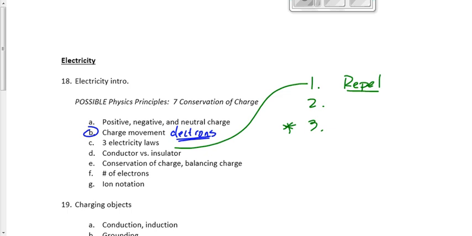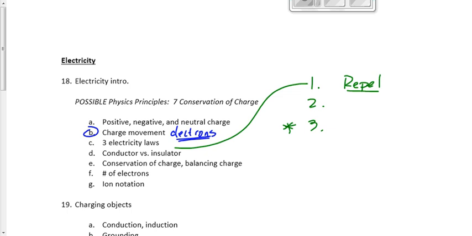Now, when are you going to see this in a question? Probably not a question that says, oh, the following is a law of the electric charge. It's probably more like some bigger context where it's a small piece of the puzzle. Always keep in mind that like charges repel each other, even if that's not the thrust of the question, even if that's buried somewhere in the question.